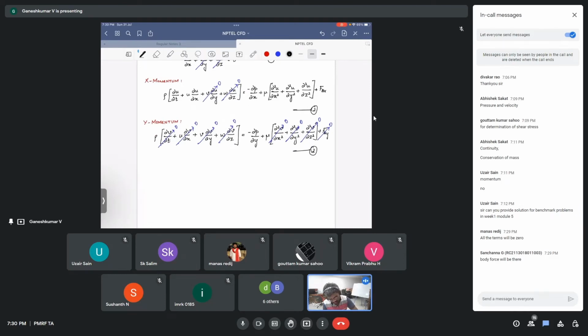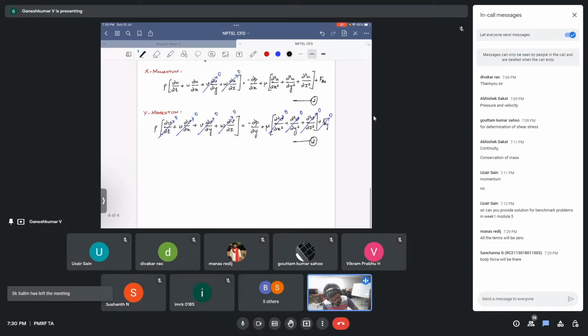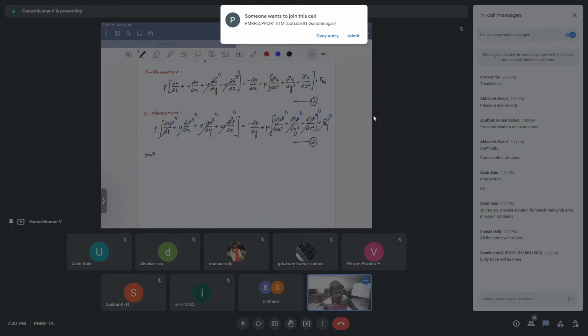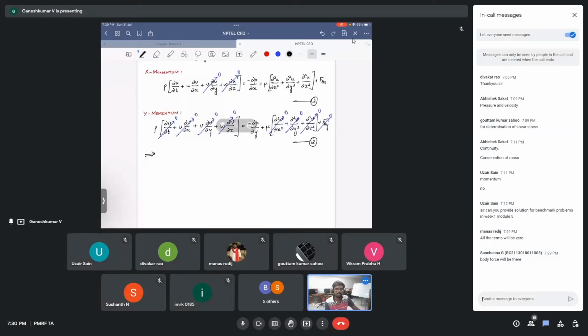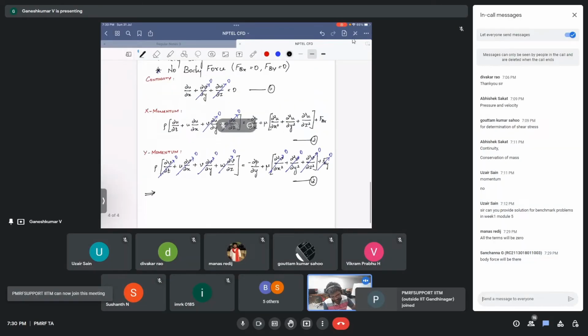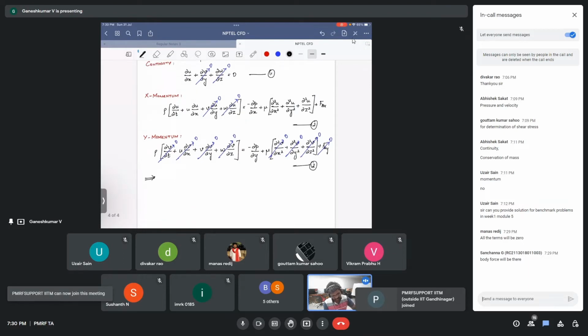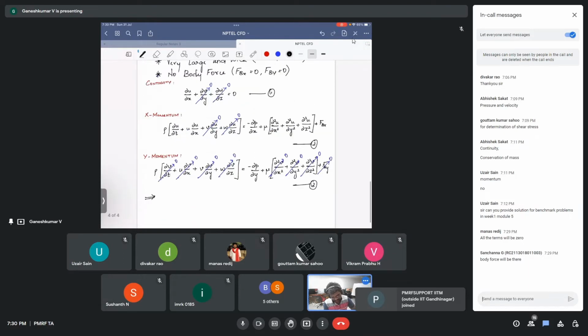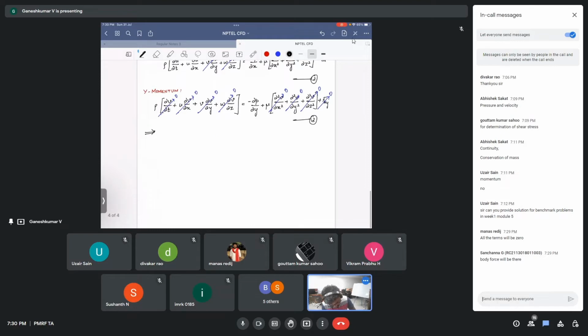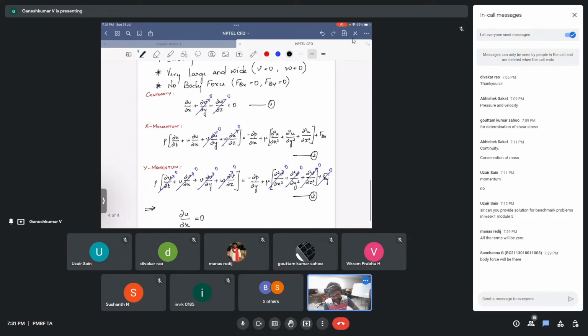After making all these assumptions, you can see that the continuity equation becomes ∂u/∂x equal to 0, which is better. We have simplified it just by making one assumption.